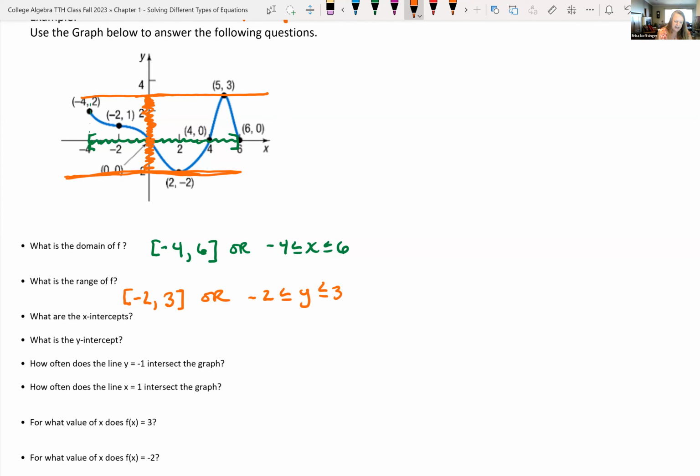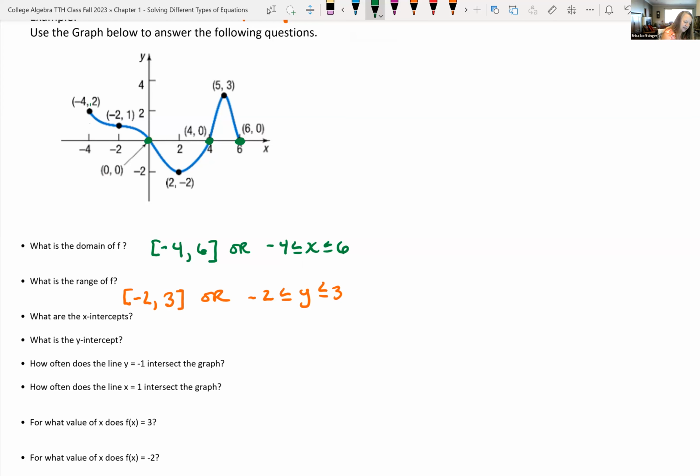Finding the intercepts, these are where we're either crossing or touching the x and the y axis. Let's erase all this stuff on here. Looking at this, let's look at our x-intercepts. We're crossing at (0, 0). We're crossing at (4, 0), and we're touching at (6, 0).